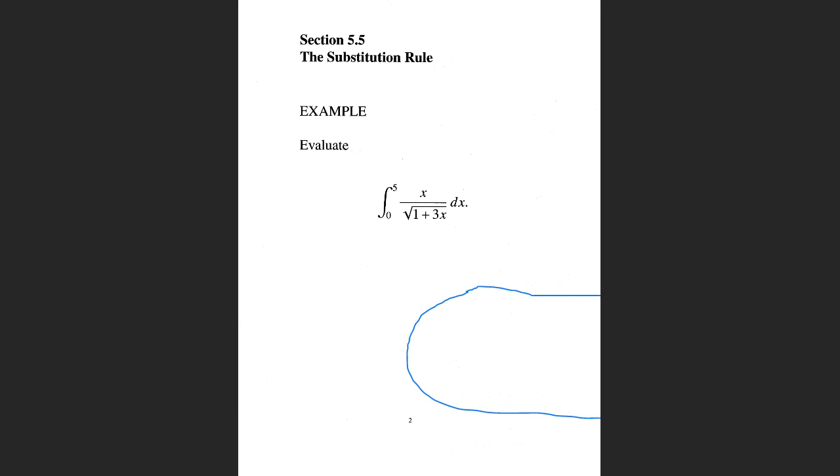So if we were to take this function, x divided by the square root of 1 plus 3x, and graph that function, and then evaluate the area between that function and the x-axis, area can be positive and sometimes negative, but the net area would be the value of that definite integral.